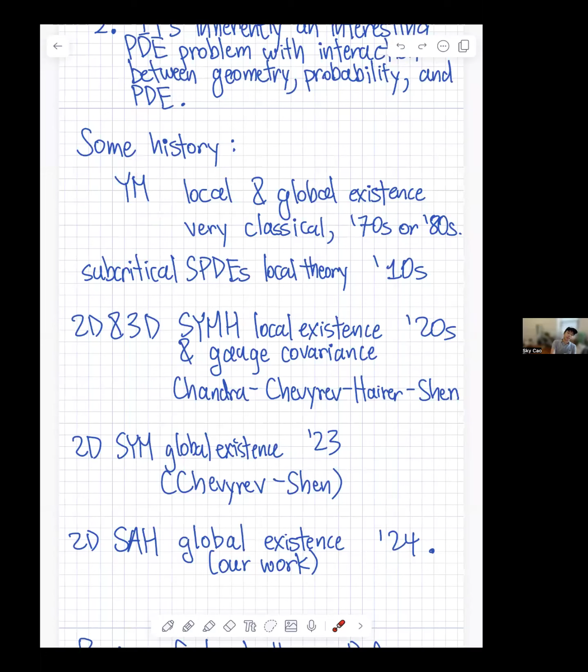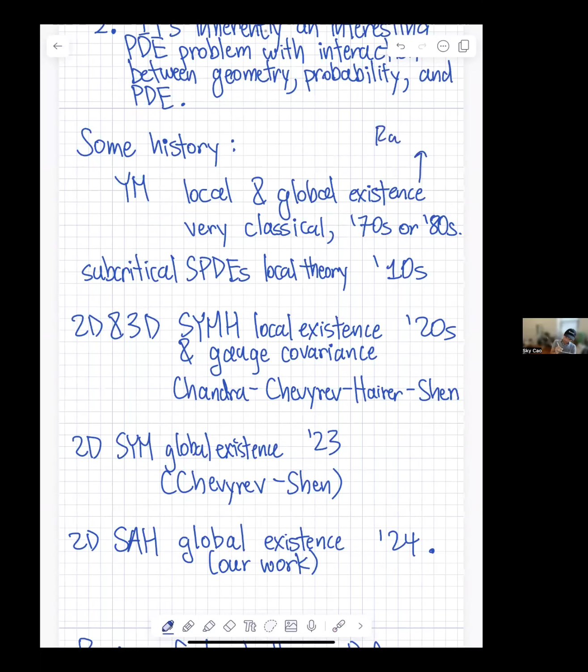It's where you have a non-Abelian gauge field instead of this R2-valued vector potential. And for the PDE, at least in 2 and 3 dimensions, local and global existence is very classical by now. I mean, it was done probably in the 80s, I would say, by Rade. So maybe I'll write that name down.